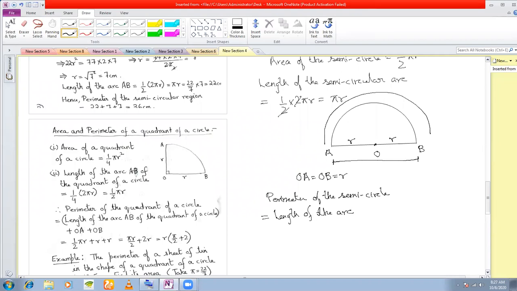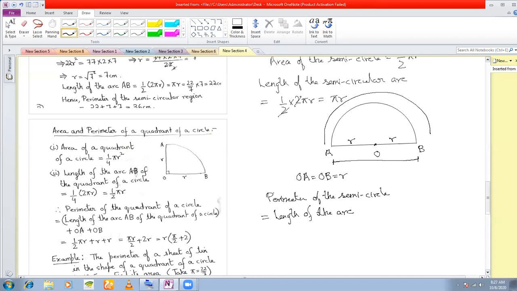Circumference normally we refer to when the entire circle is there. Normally when we are talking about part of the circumference, whether half or one fourth, we refer to it as an arc. We call it a semicircular arc, or we call it the quadrant of a circle.